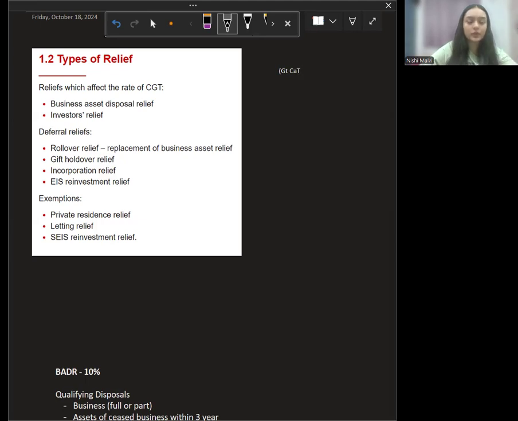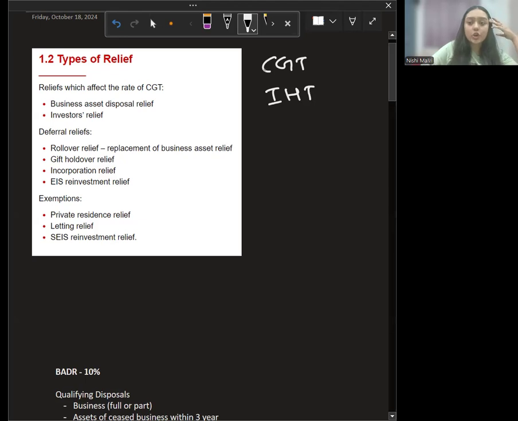Any two of these reliefs will be tested. Take up any paper, and you'll find at least two of them tested in your exam. Then next is IHT, which is inheritance tax, then corporation tax, CT, then VAT.